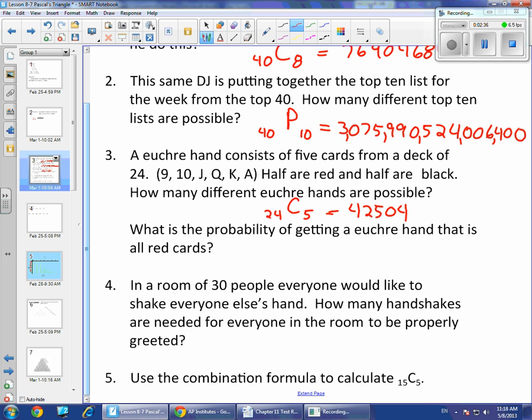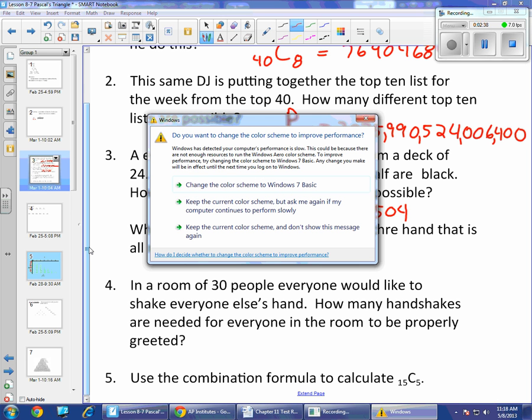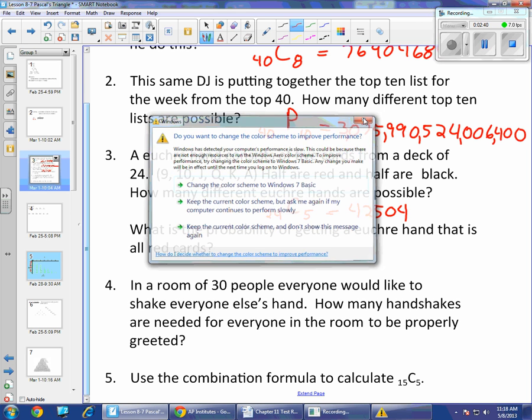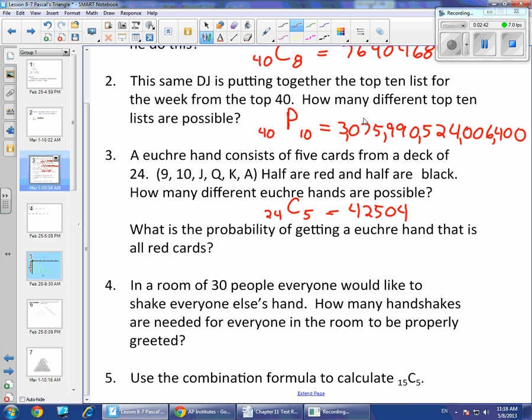If you want to know how many hands have only red cards, well, there's 12 red cards in the deck, and you're choosing 5 of them. So I'm going to start off with 12C5. That's how many hands have just red cards. Now, how many hands are there total? That would be 24C5. Do this calculation and you'll get your probability of 0.0186.